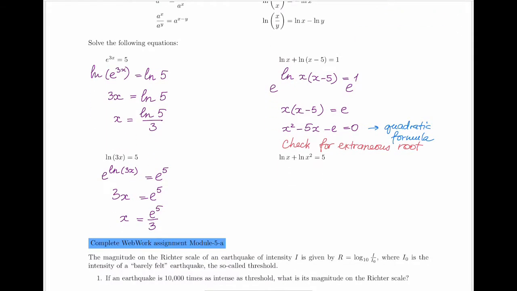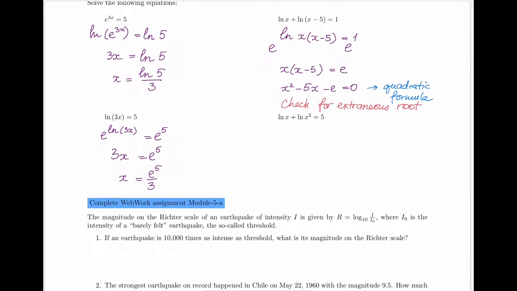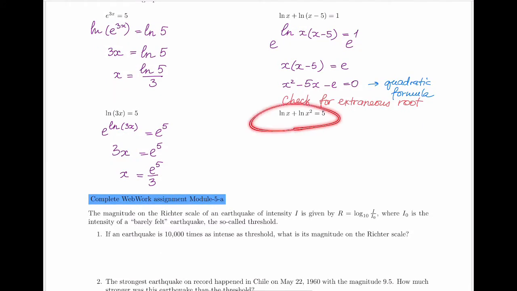For this last question here, I'm going to do it in two different ways just to showcase two different approaches. So one of them, I can do something very similar to what I've done before, and as the first step in my solution, I would combine the two logarithms together. So I will get ln of x times x squared, because the sum of logarithms is a logarithm of a product, equals 5, which means that ln of x cubed is 5.